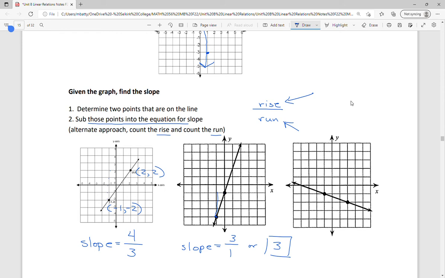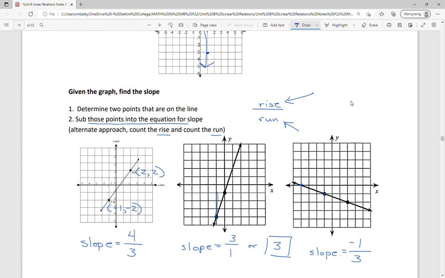And the last one, if I look at it overall, I can see it's a negative slope. But if I go from one point to another, I'm going down 1 and over 3. So a negative 1/3 as my slope. If you take a look, you can also go to multiple points.